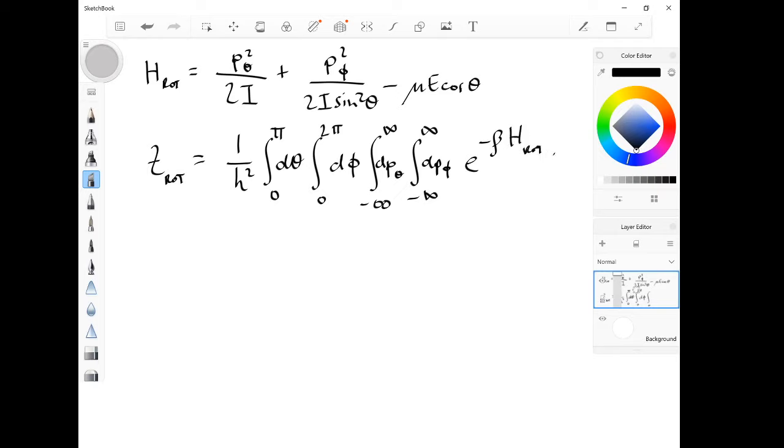And so now, because some of these factors are separable, we can break them up into different bits.